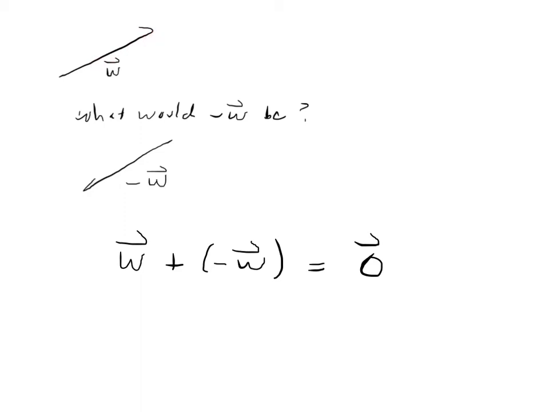If I've got W here and I use the head to tail method, I place the tail of negative W onto the head of W, keeping negative W in the direction it needs to go, so I translate it up here parallel. If I put negative W here, what's my resultant vector? If I do W, head to tail, then negative W, I get back to where I started from. I've gone nowhere. I'm at zero, the zero vector.